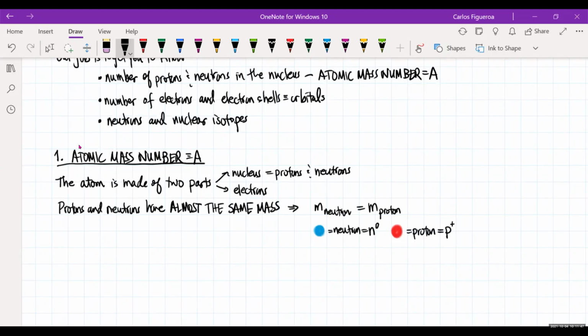So what we know here is that the nucleus is a tiny, extremely dense region where protons and neutrons bind together.